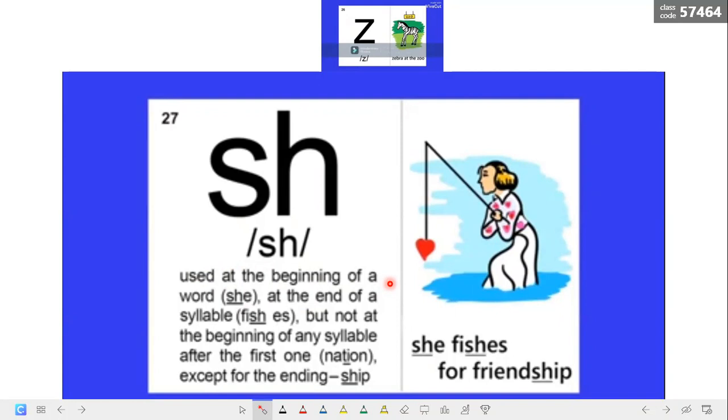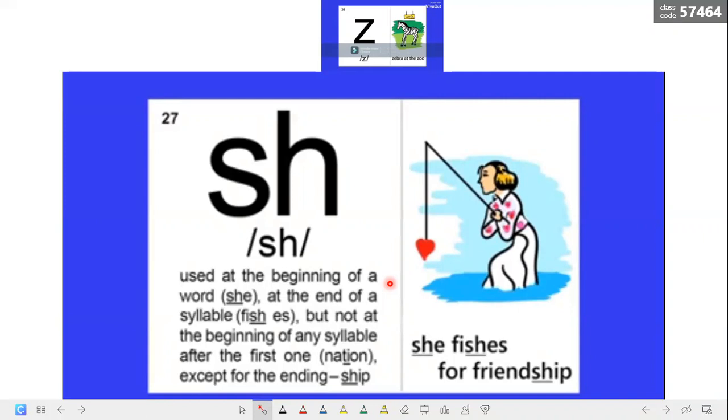Sometimes this sound could be produced by SH, and sometimes it is produced by TI, and sometimes by CI, and sometimes by CH. So why are there so many different spellings making the same sound?